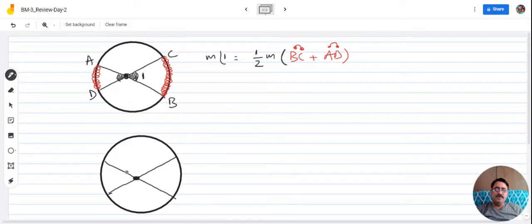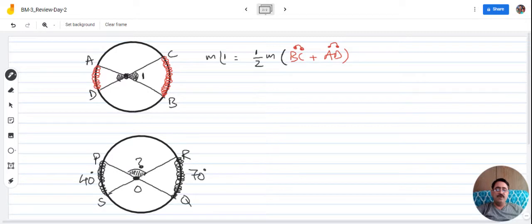Okay, sometimes you may be asked to find, let's say that this is P, Q, R, S. Let's say that this is given, measure of this one is maybe some 40 degrees, and this one is some 70 degrees. The question is find the measure of angle POR. This is the question.